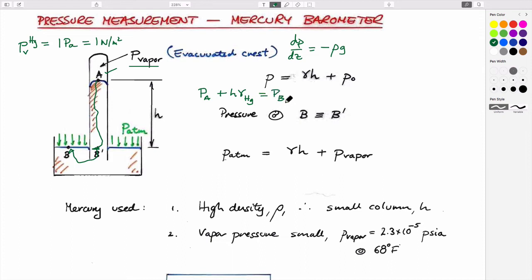B is the barometric pressure, right? And so if we know what this is, and this, and this, we could calculate what the barometric pressure is. That would be the right way to do it. We know that this height here has to be 74 centimeters.